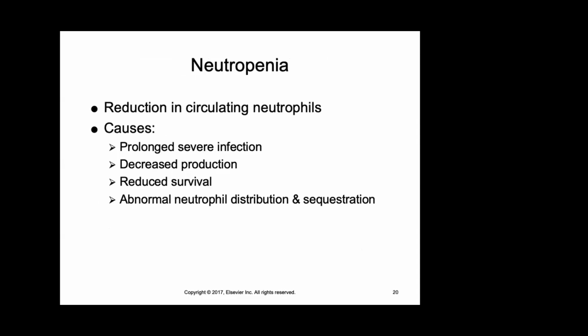Neutropenia is just a reduction in the circulating neutrophils and can be caused by prolonged severe infection, decreased production, reduced survival, abnormal neutrophil distribution, and sequestration. With prolonged severe infection, you've got to remember that the neutrophils generally are the first on the scene when there is an infection to deal with the bacteria. So if you've got a chronic or a prolonged acute infection, then you're going to see a jacked neutrophil count.